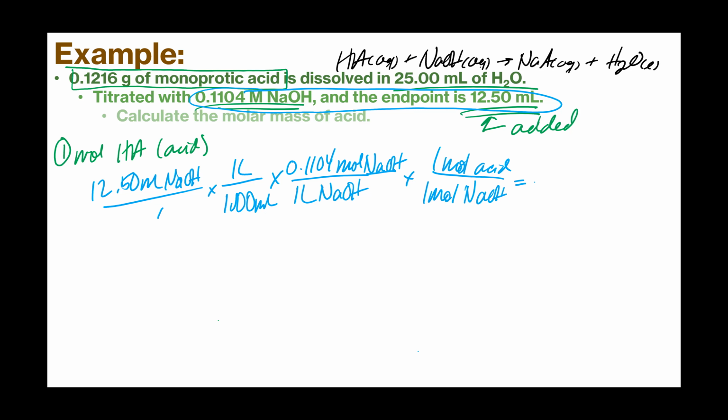So now we can math this out. 12.5 divided by 1,000 times 0.1104 gives us 0.00138 moles of acid. This needs 4 significant figures.